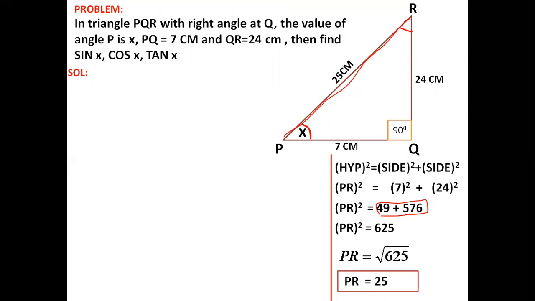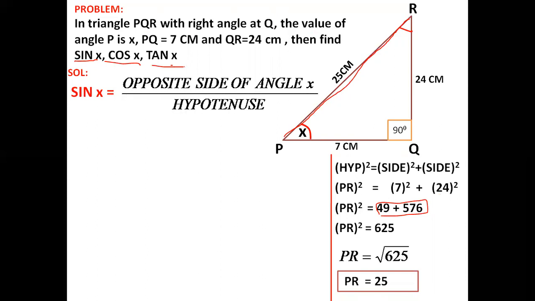Now you have to find sin x, cos x, tan x. First we find sin x. What is the formula for sin x? Opposite side of angle x by hypotenuse. What is the opposite side of angle x?